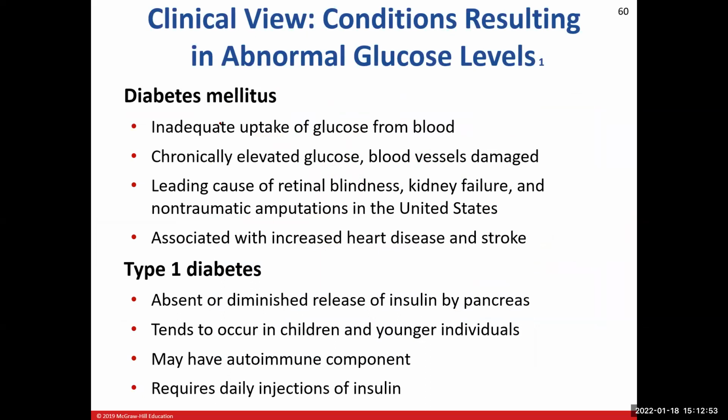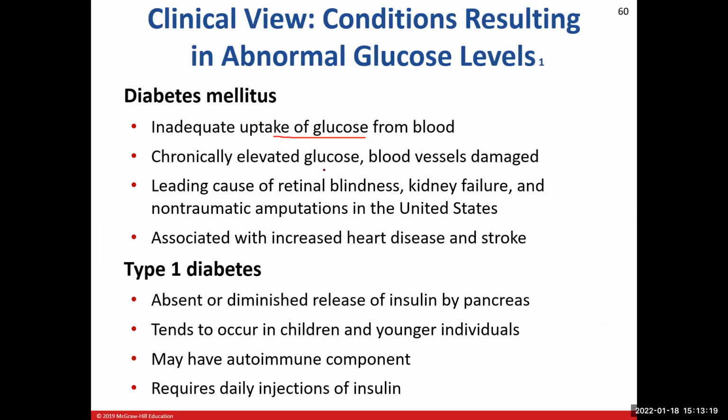There's a condition you've heard of, diabetes. So we have diabetes mellitus, and basically this is what happens when we are unable to govern or correct blood sugar levels. For whatever reason, insulin is not helping to decrease those blood sugar levels.